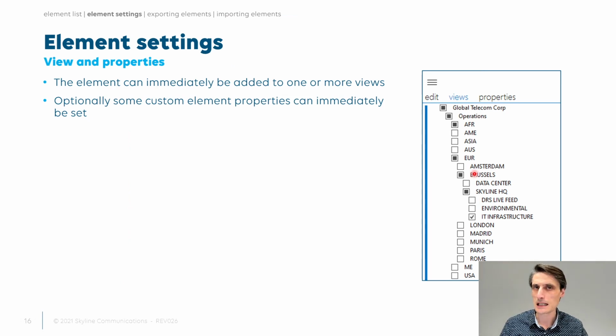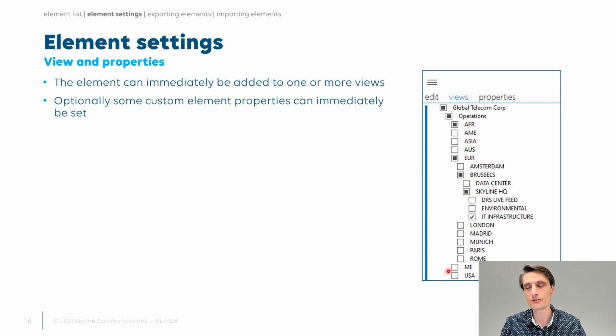But do note that you are actually able to add an element into multiple views as well. So it is perfectly possible to add the element, for instance, in Brussels, and I only have continents here, so here it's only location.